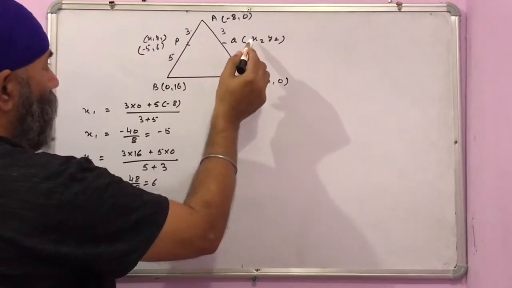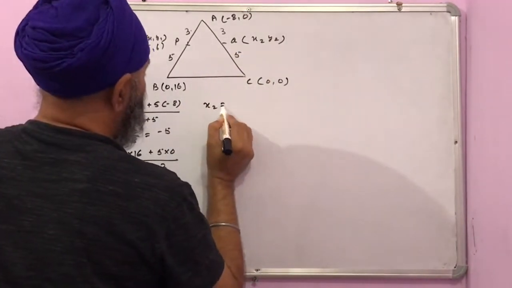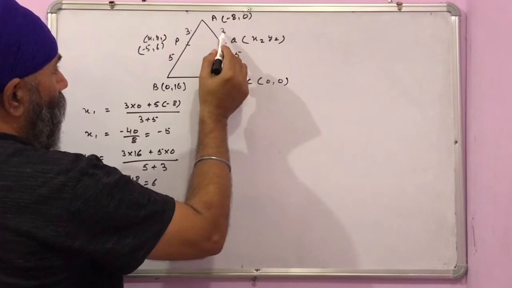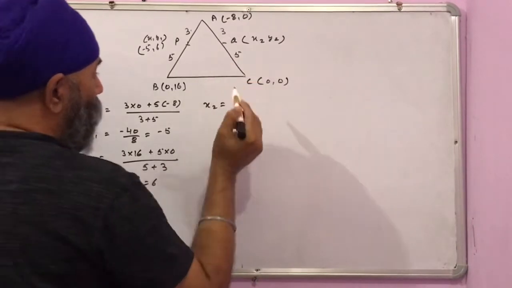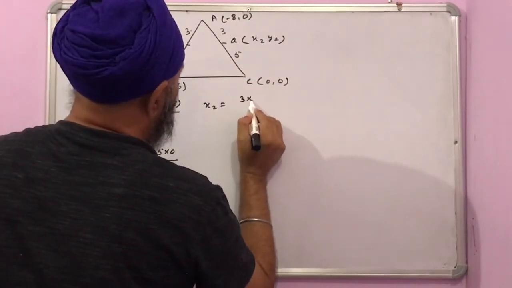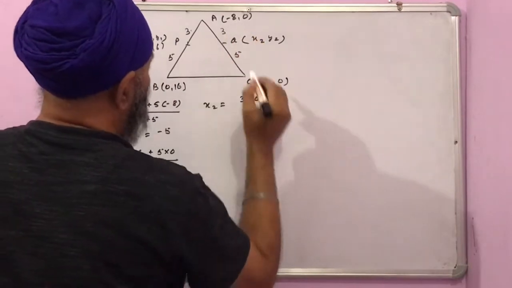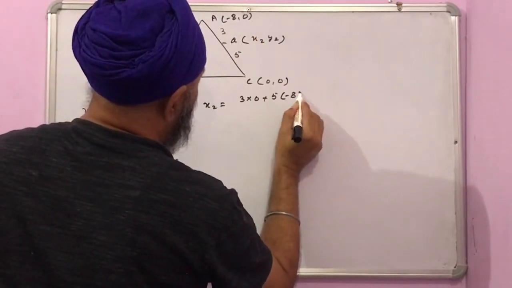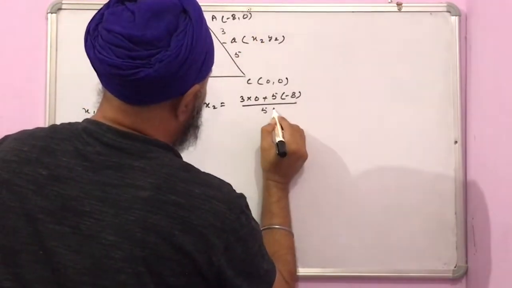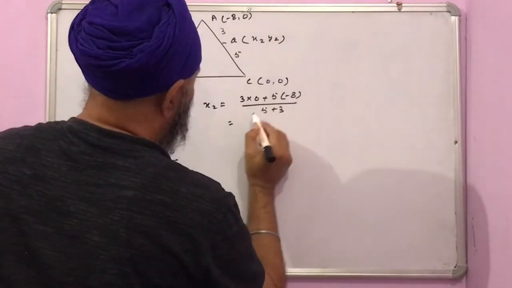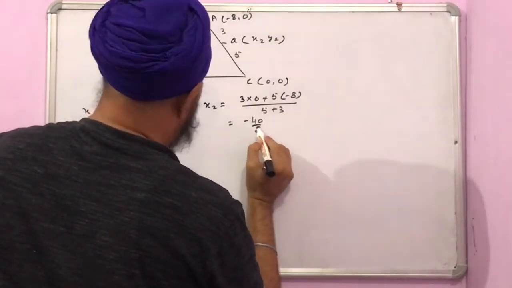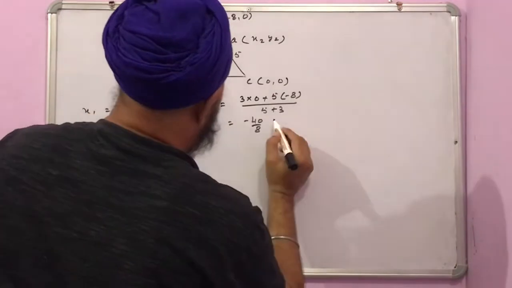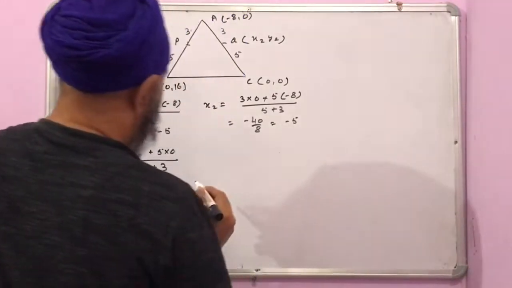Then I find Q. Q's x2 is m1 x2, 3 into 0, plus m2 x1, 5 into minus 8, upon 5 plus 3, that is minus 40 upon 8. This is minus 5.